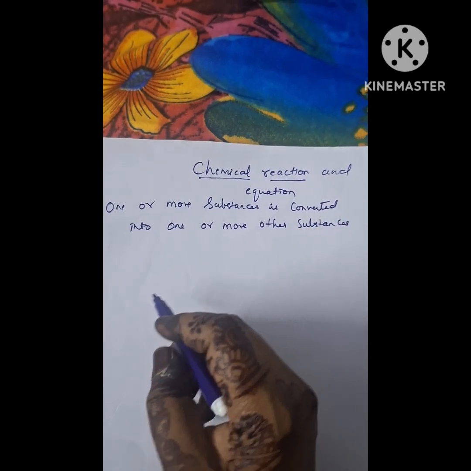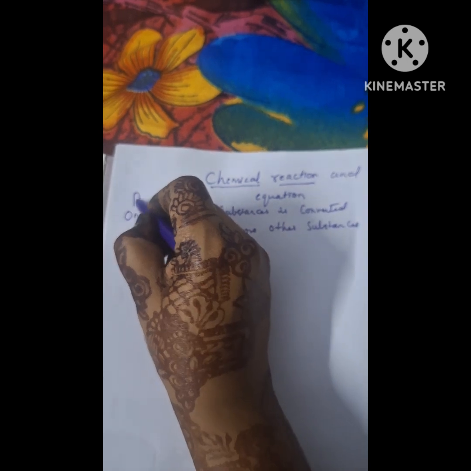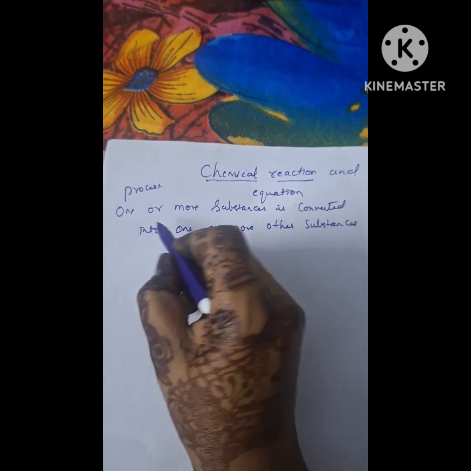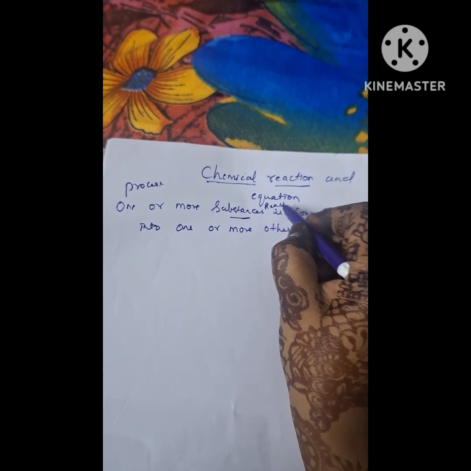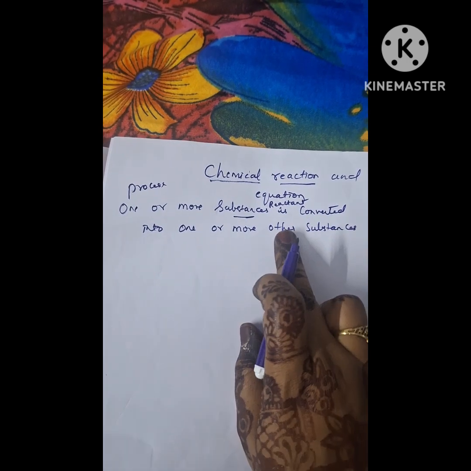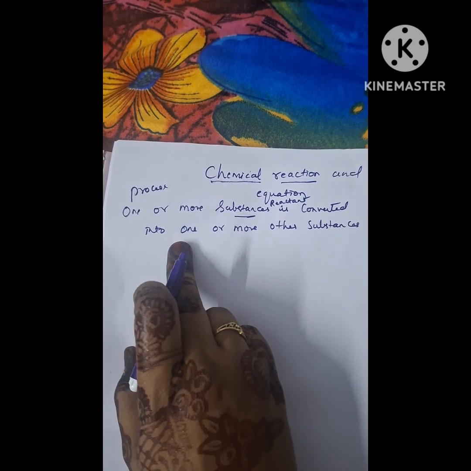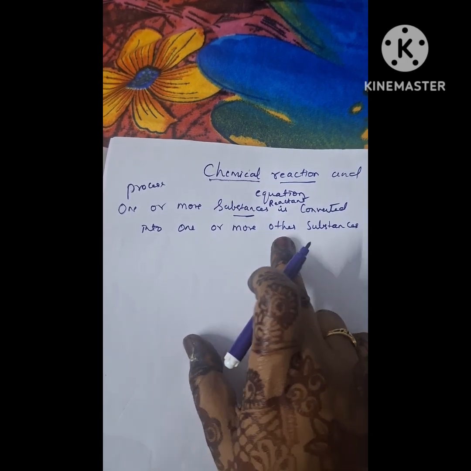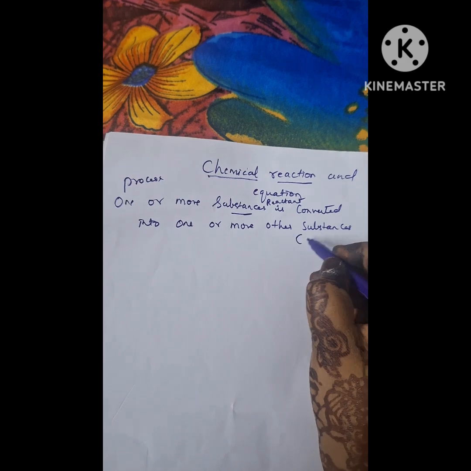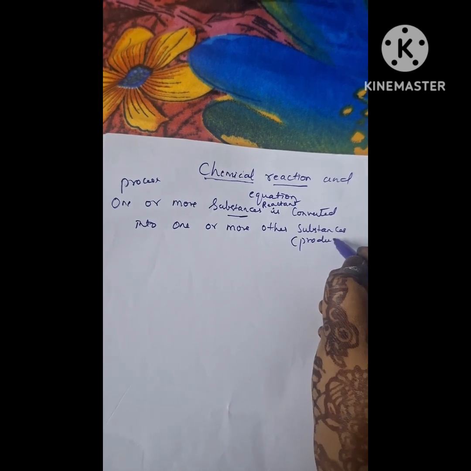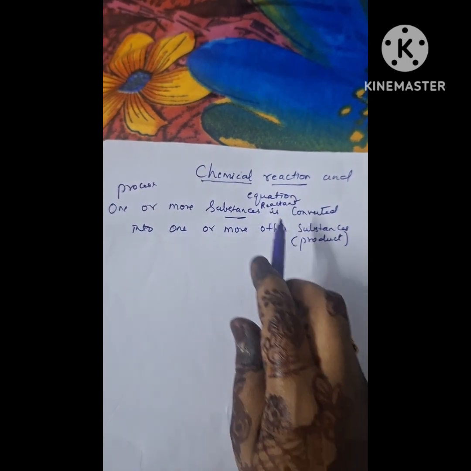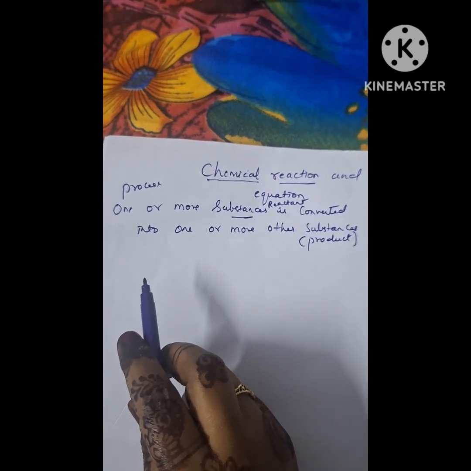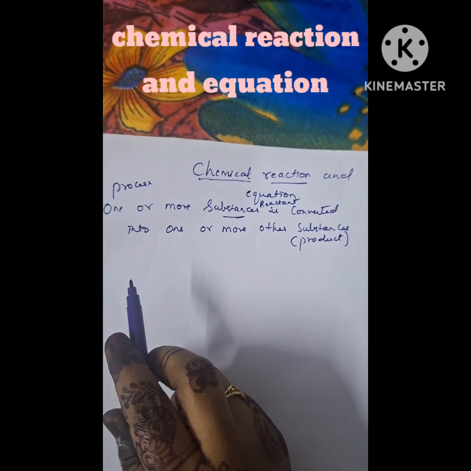In other words, I can say it's a process where one or more substances, that is a reactant, is converted into one or more other substances, that is product. So we have a reactant and we have a product in any chemical reaction.